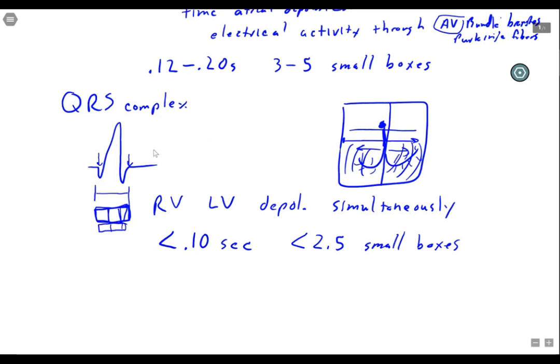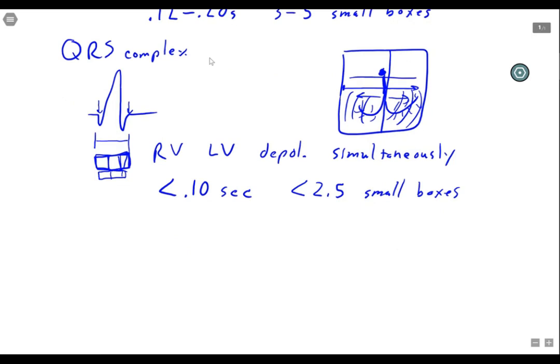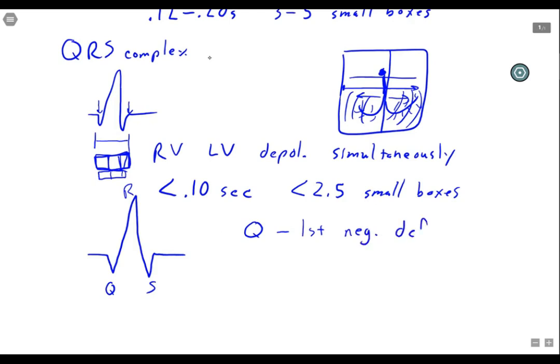Right? But there's something else we should know about the QRS complex, because this isn't always as easy as it seems. When we look at a QRS complex, and I'll draw my typical complex here, Q, R, S. The Q wave, we call this a Q wave because it's the first negative deflection in the complex.